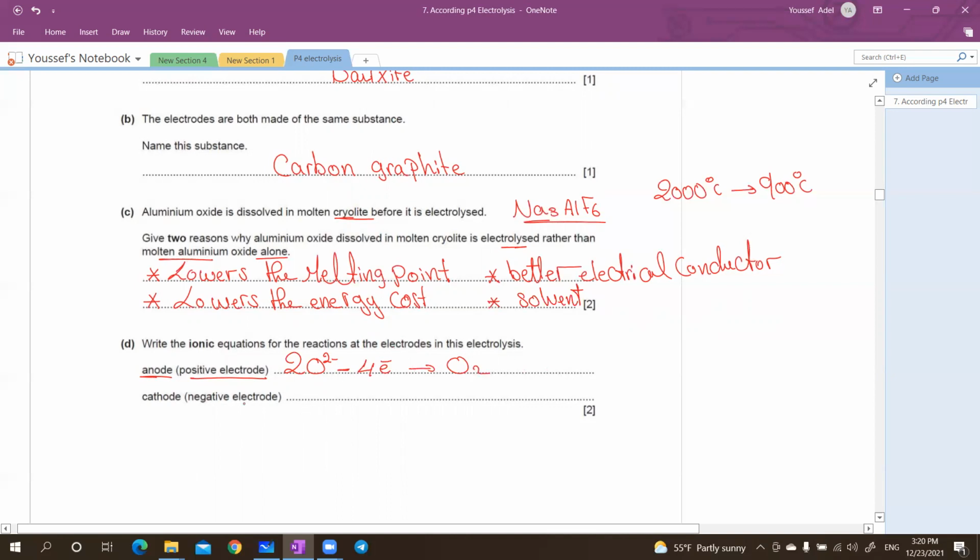At the cathode, the aluminum ions will be attracted to the negative electrode from the aluminum oxide, and they will be discharged by gaining 3 electrons to return back to aluminum atoms. So don't forget that the ions are attracted to the electrodes to be discharged, to become atoms again.